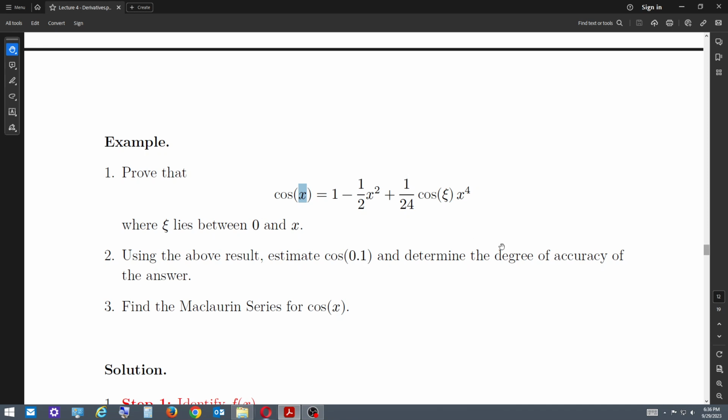Be careful, x is not always going to be this value. In this question it is, because it matches up nicely. If, for example, there was a 2x here, then I cannot take x as 0.1. I would need to take x as 0.05, because 2 times 0.05 will give me 0.1.